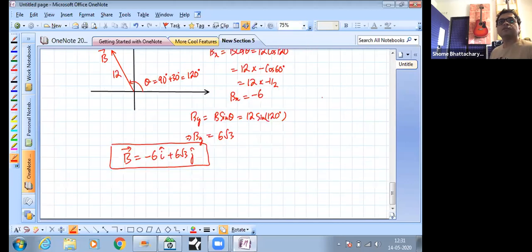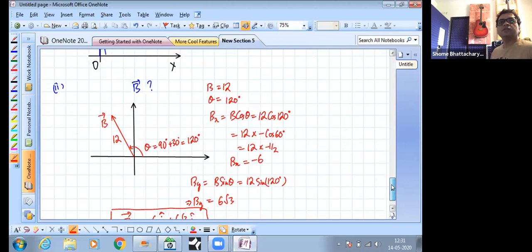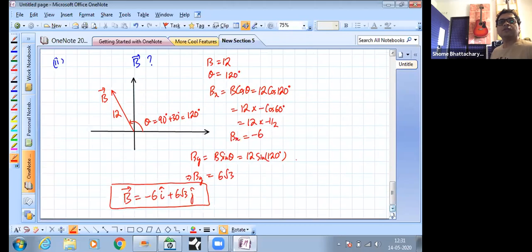Because if you now compare this working with the diagram for vector B, when you drop the perpendicular from vector B on the x and y axis, you can see that the x component is on the negative side. It's minus 6. The y component is on the positive side, and its value is 6 root 3.